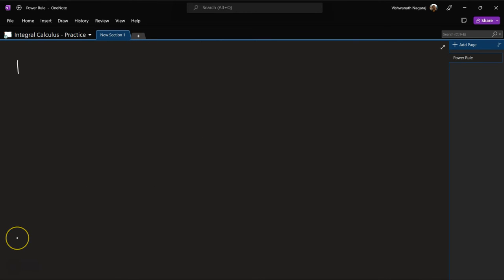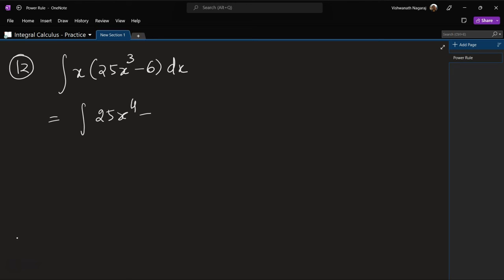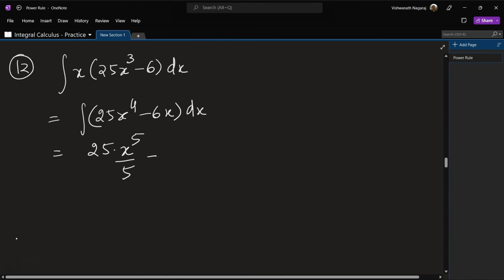Now the 12th one. Integral of 25x cube minus 6x dx. Again, nothing to panic about. 25x to the power of 4 minus 6x dx. You don't have to split it and do all those steps. You can directly integrate it. So this would be 25x to the power of 5 by 5 minus 6 times x square by 2 plus c.